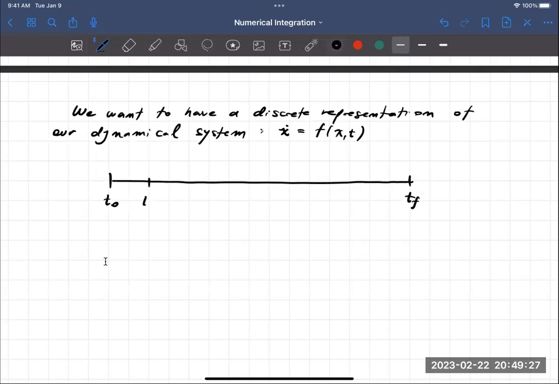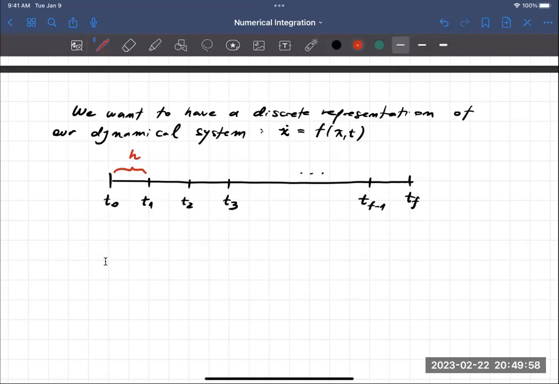So we're going to move from T0 to T1, from T1 to T2, from T2 to T3, up to Tf minus 1 to Tf. So that step is going to be fixed for every interval, and we're going to call it h. Okay, h. That's going to be our step size.